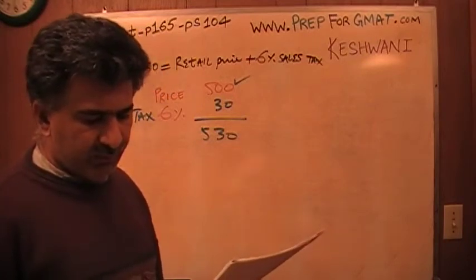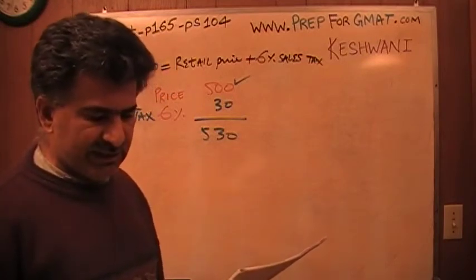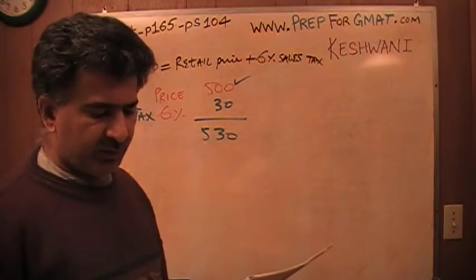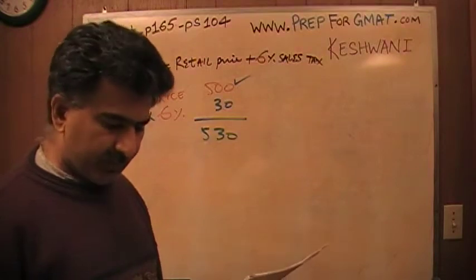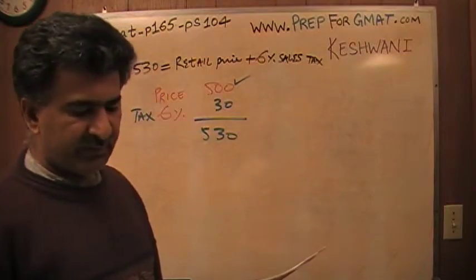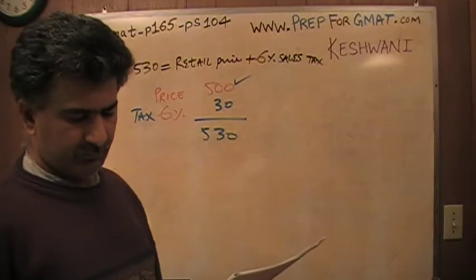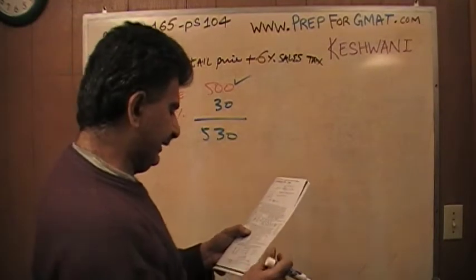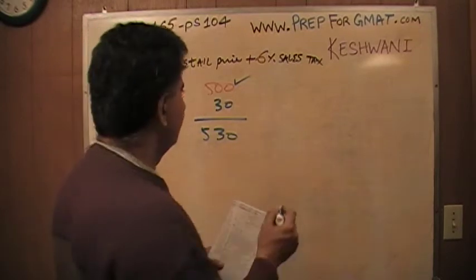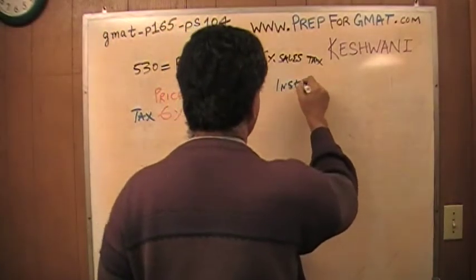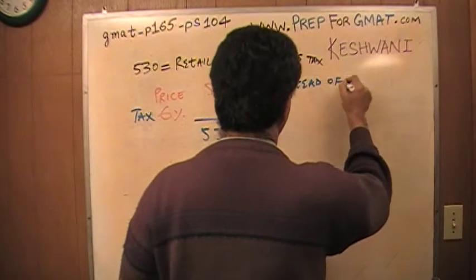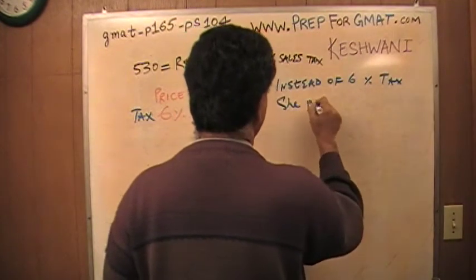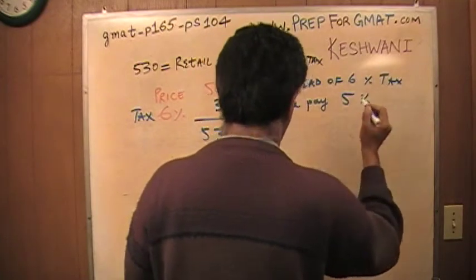How much money could she have saved if she had bought the stereo at the same retail price in the neighboring state where she would have paid the sales tax of 5%? Well, all right. So instead of 6% tax, she pays 5%.